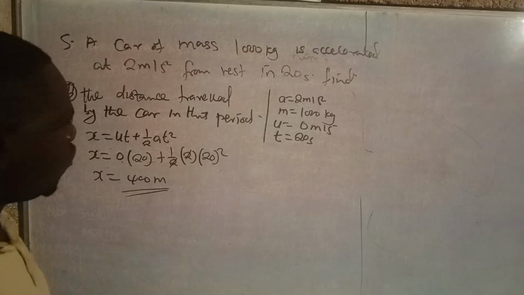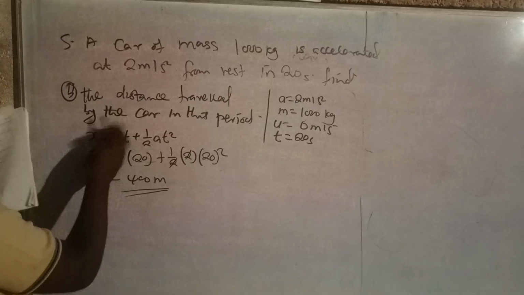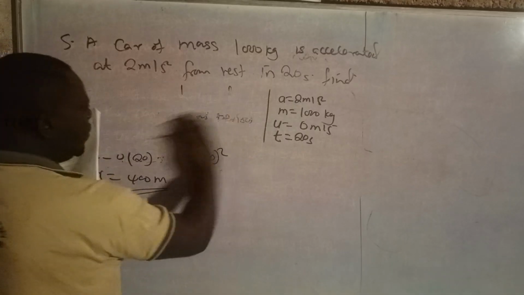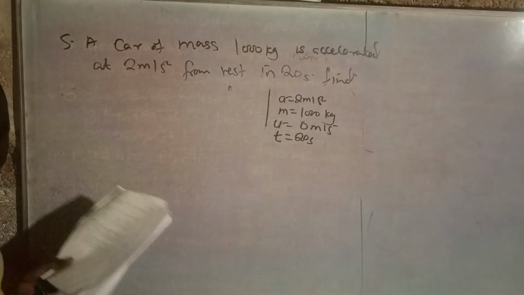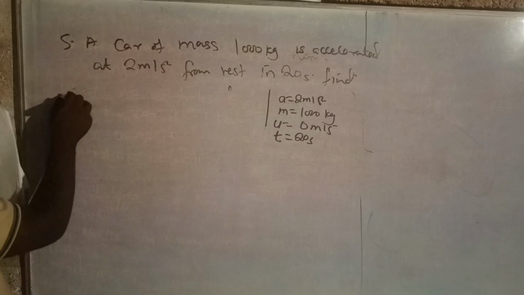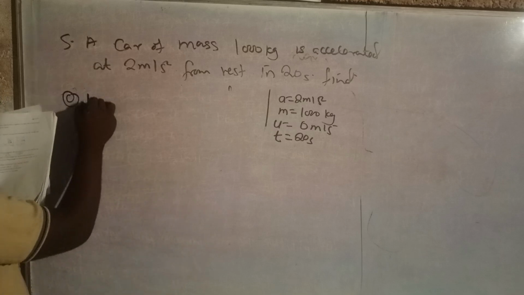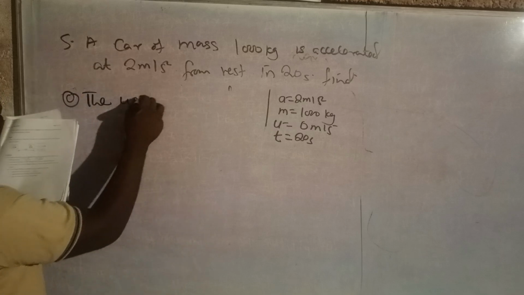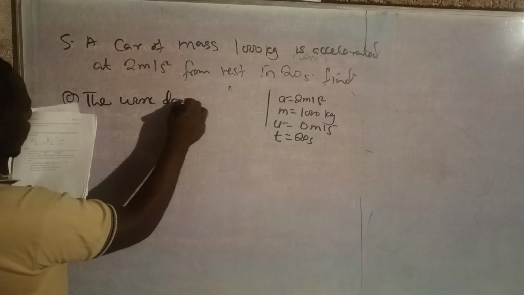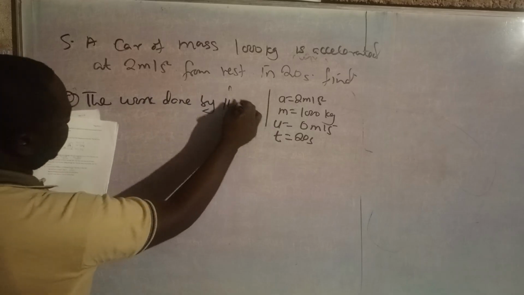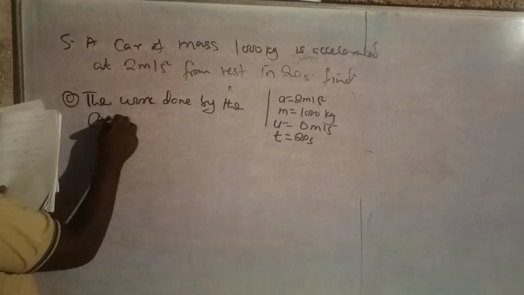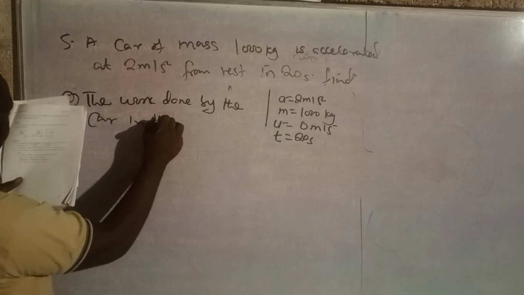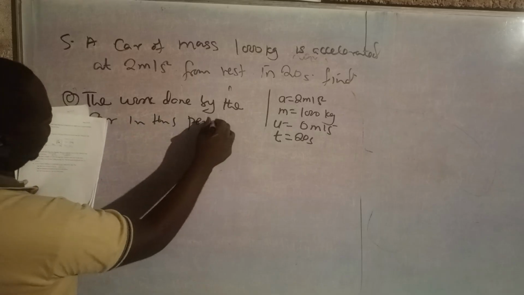Then from there we go to question C. Question C says find the work done by the car in this period.